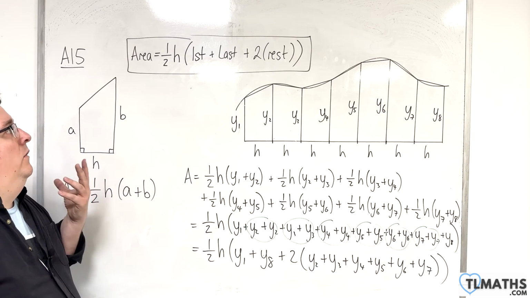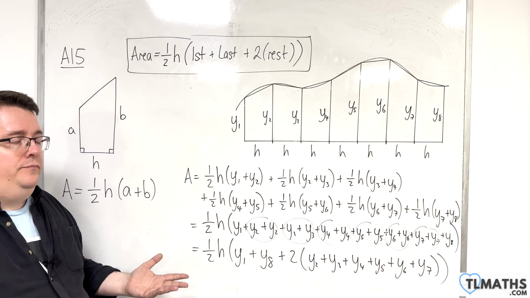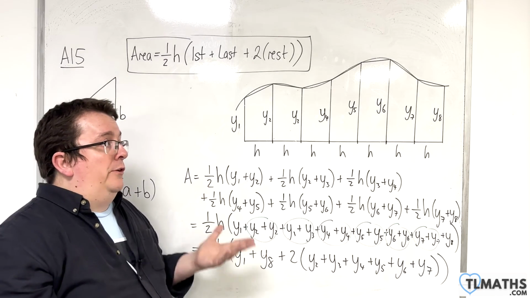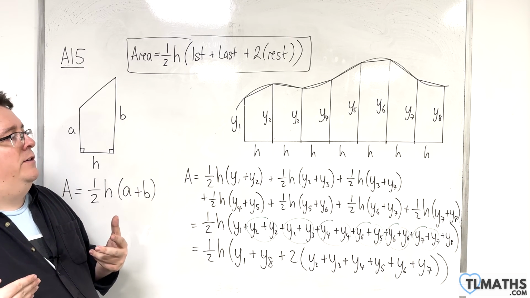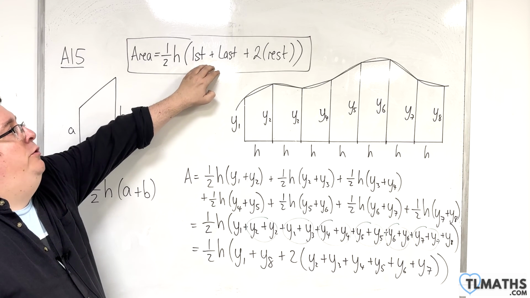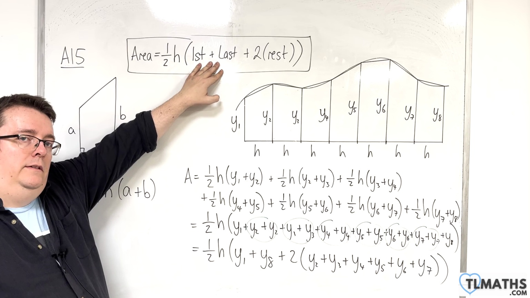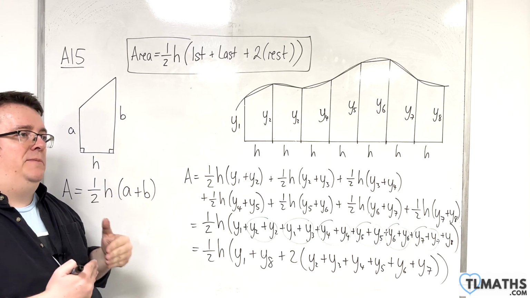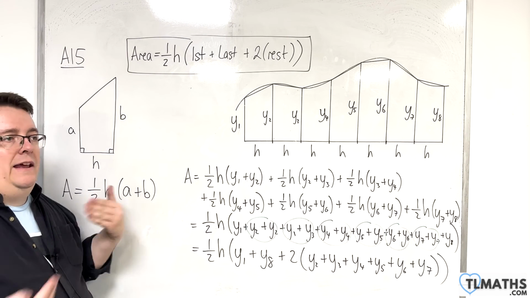That is the formula that allows you to do this quickly. So 1/2 h times the first plus the last plus two lots of the rest. Now, of course, there's more mathematical ways of writing it down and different ways of doing that. But I'm going to show you how you can use this formula to do this quickly. Okay? And so actually estimating the area under a graph can be done in a less onerous way.